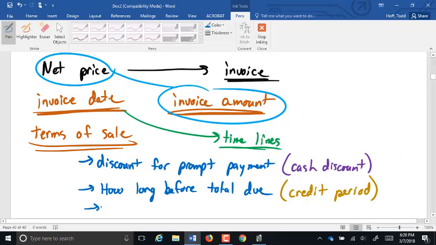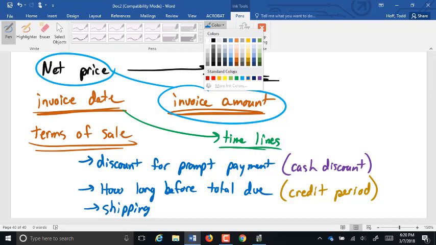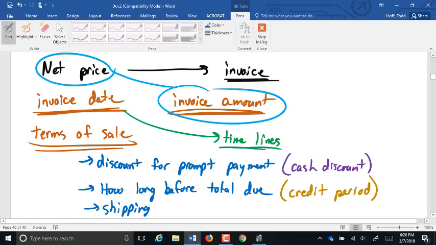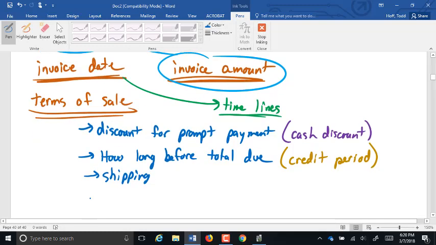Other things that might be defined in there is shipping. A final thing is special dating. We'll talk about that as well in the next hour.